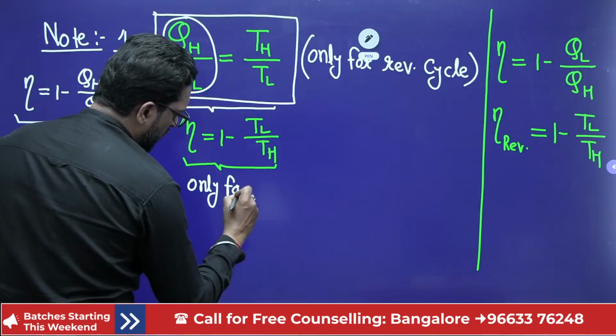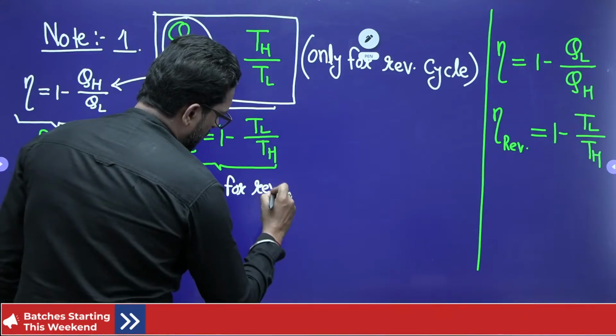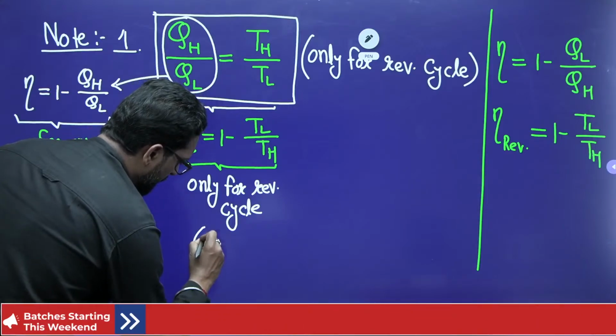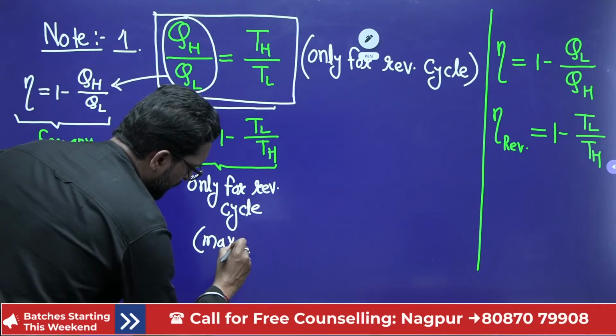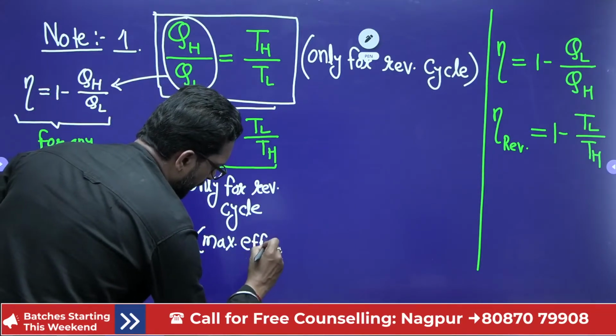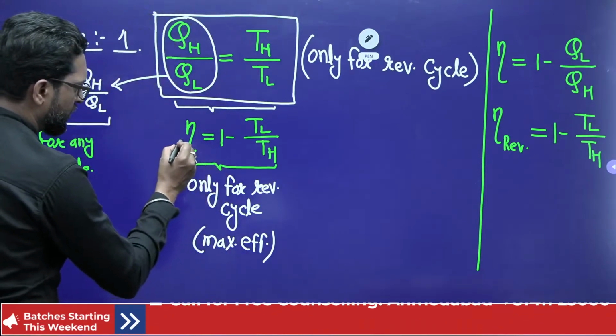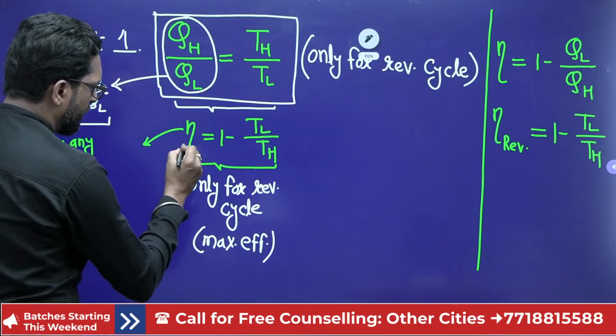Only for a reversible cycle. And that is the maximum efficiency. This efficiency has a different name. What is that?